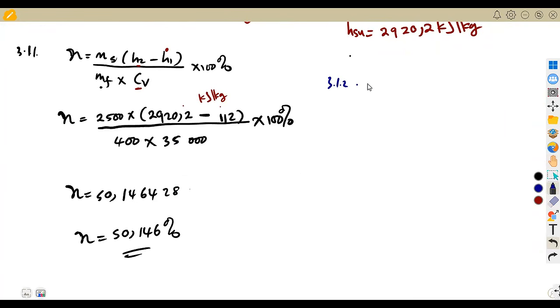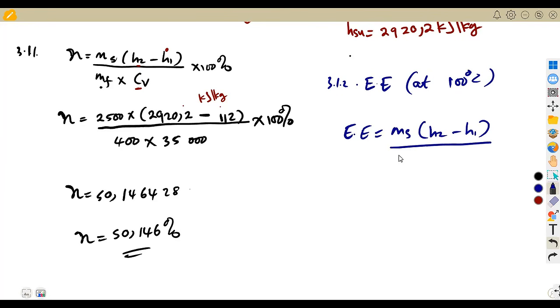We have this formula for the equivalent evaporation at 100 degrees Celsius, which is given as the mass of steam times H2 minus H1, over the mass of fuel times 2257. All right, so this one, the only part that is changing is that you are simply multiplying by 2257, whereas here you are using the calorific value, and this one is not an efficiency, so you do not multiply by 100%. All right, so that's it.